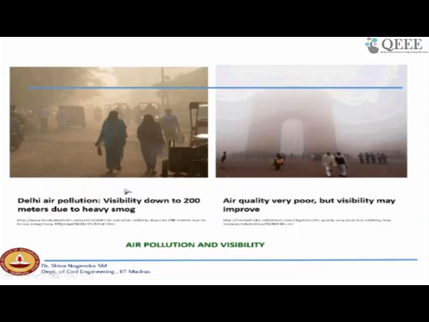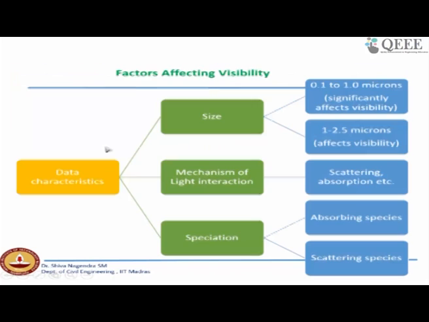The air pollutants, as I mentioned to you, have another aspect, which is visibility. More secondary pollutants can reduce the visibility. This is another aspect with respect to climate change. Some of the factors affecting visibility are the size fraction. The smaller size significantly affects visibility.